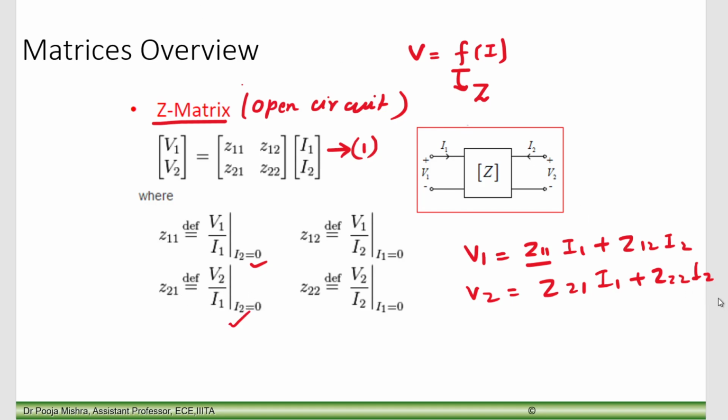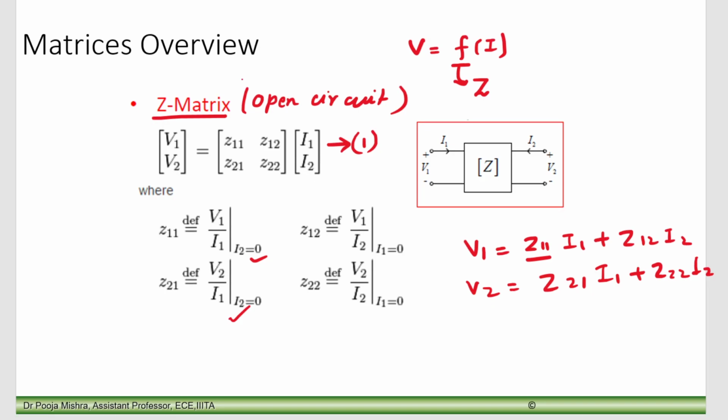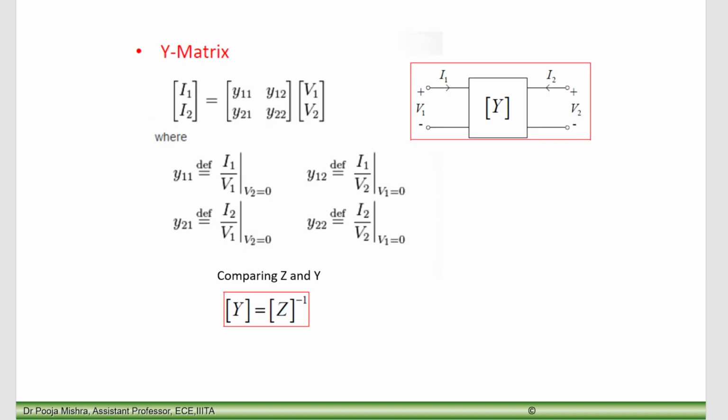The next parameter that we use in low frequency applications is the Y parameter. The Y parameter is called the admittance parameter. It relates I as a function of V, and this function is the admittance function.